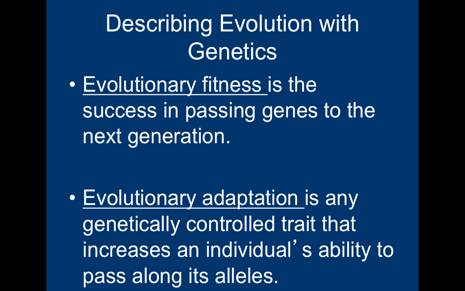So when we talk about adaptations, we're talking about an evolutionary adaptation. This is a genetically controlled trait that increases the individual's ability to pass along its alleles. So, with the zebra, if it has a trait that allows it to run faster, that's going to allow it to outrun those cheetahs better, which means it's got a better chance of surviving to pass that fast running gene onto its descendants.